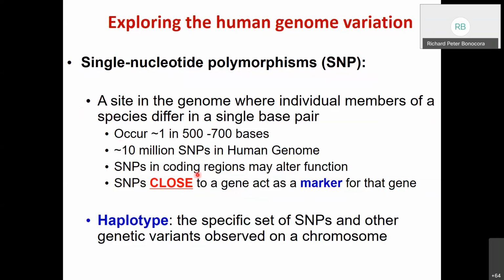They can be in coding regions where they may alter function, or they can simply be close to a gene, and they will act as a marker for that gene. There might be another difference that is not noticed as much, and these will act as a marker for that trait. And so we get a thing called a haplotype, a set of SNPs and their genetic variants observed on a chromosome.